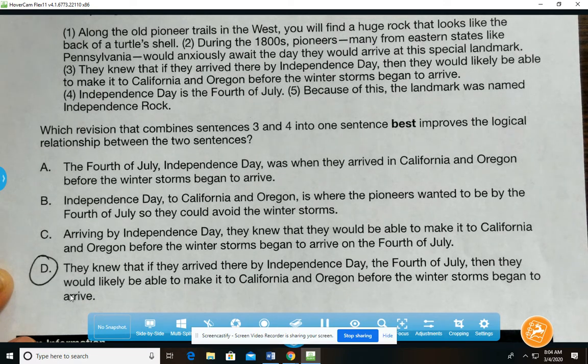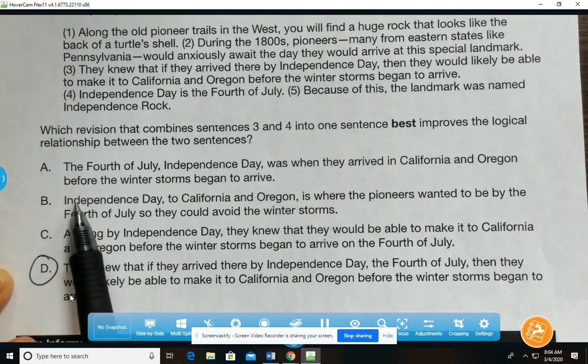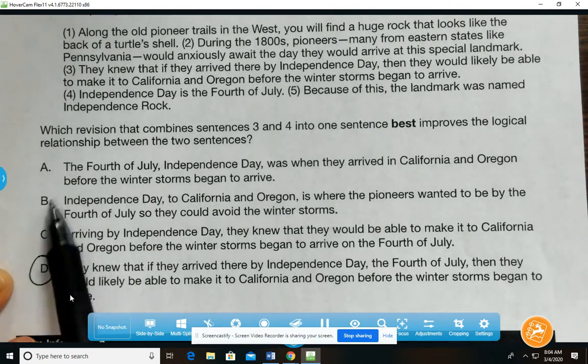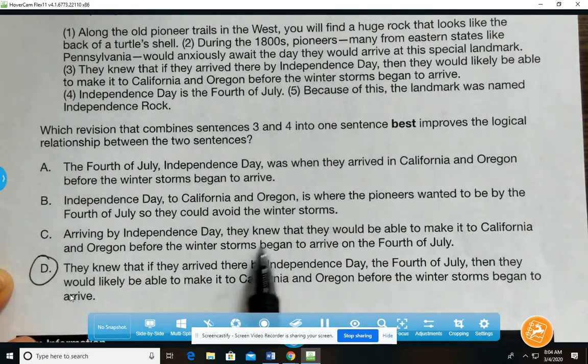Same with sentences B and C. Although we have this independence thing leading it, which kind of confuses what's going on within the rest of the sentence. And the focus of it is the arrival of the pioneers.